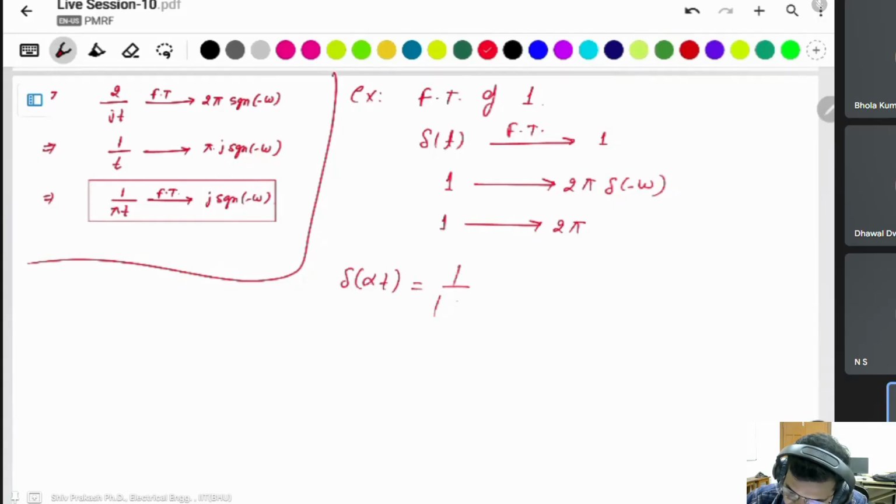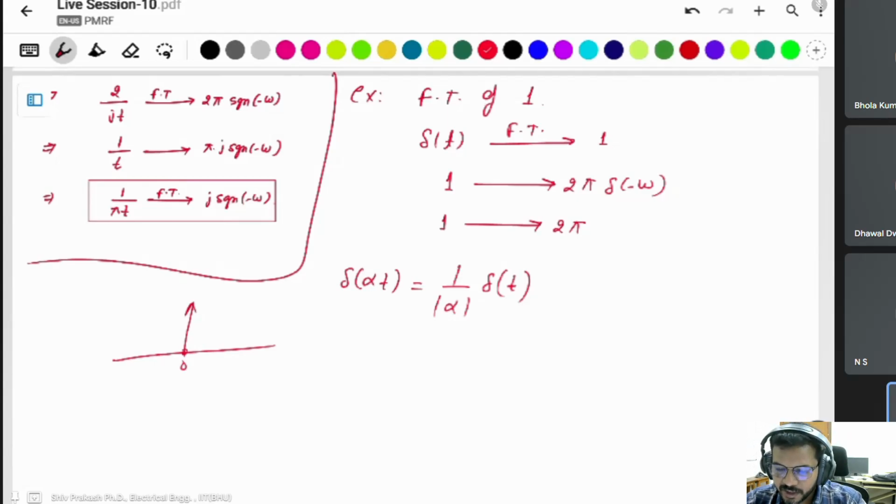Yes, you know about the delta function. The scaling in delta form is δ(αt) = (1/|α|) δ(t), because delta is only at 0. If there is no bandwidth, then we can change only the magnitude of that function. That's why -ω or +ω are both the same; this will be an even function.